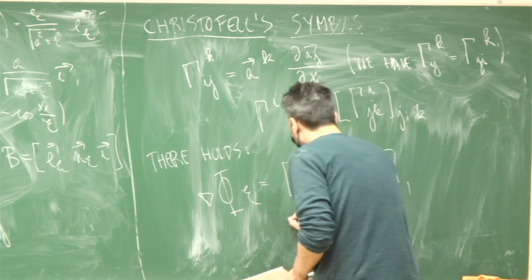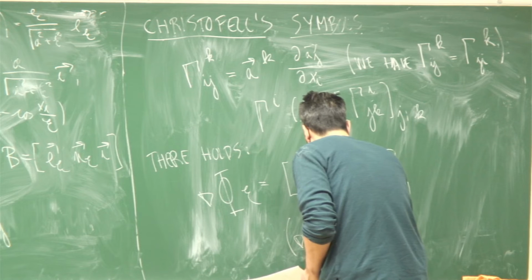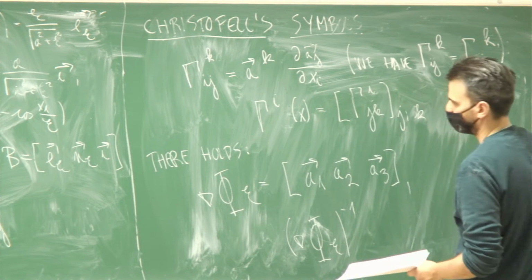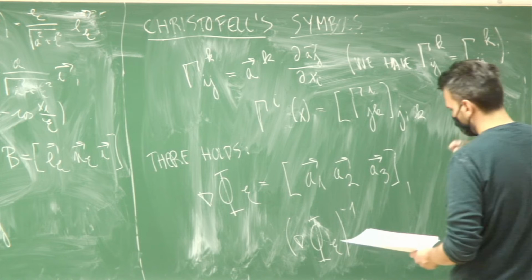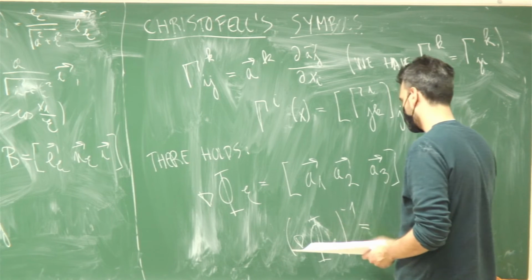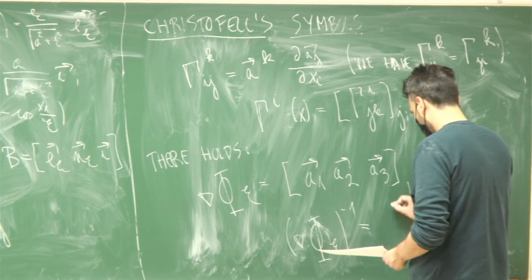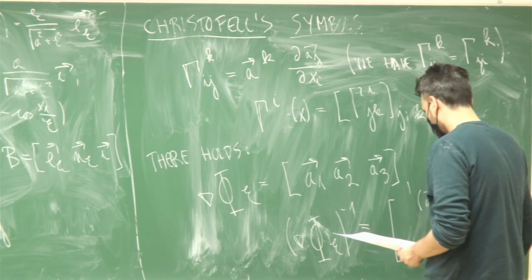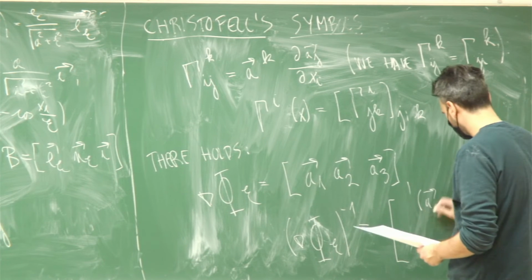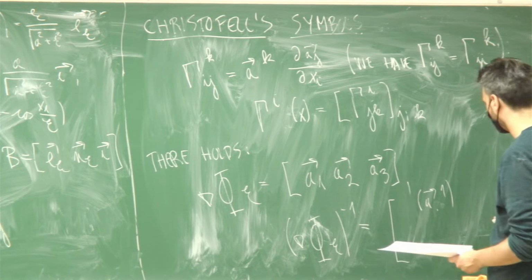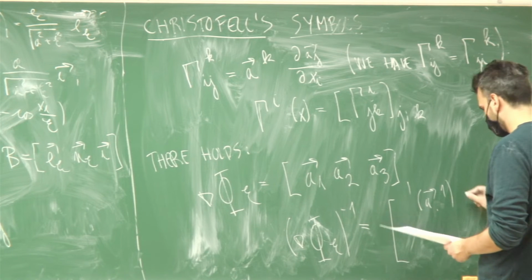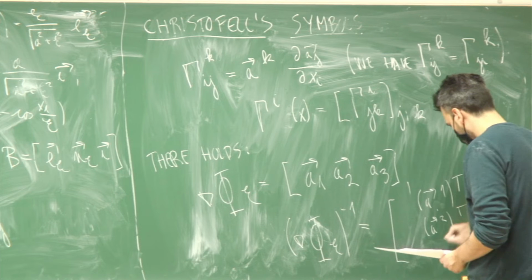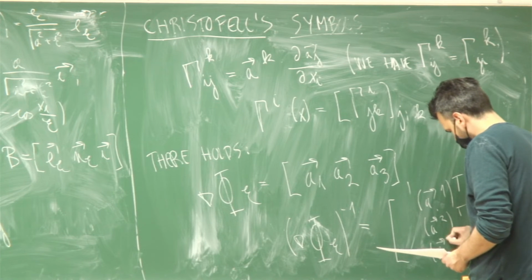On the other hand, as is expected from the relation between the elements of the covariant and contravariant basis, the inverse of the gradient of phi will be given in this form, where the elements of the contravariant basis will be rows: A1, A2, and A3.